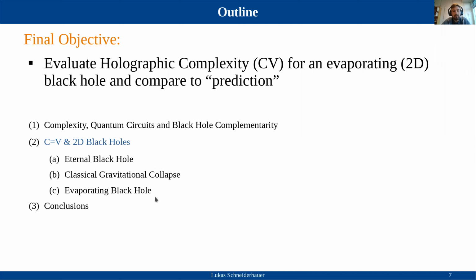Then we will go to the actual evaporating black hole by adding quantum corrections. And we will see that this homework will not be for nothing. We will learn valuable lessons in the classical cases already, which we have to apply to the evaporating black hole then. Okay, so what I'm going to do now is introduce the model, and we will go through all these solutions, and I will tell you the results of our computations.